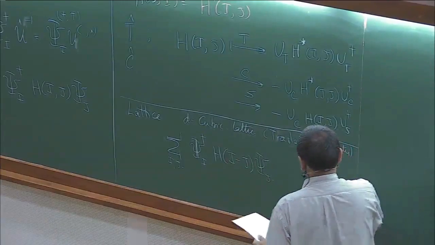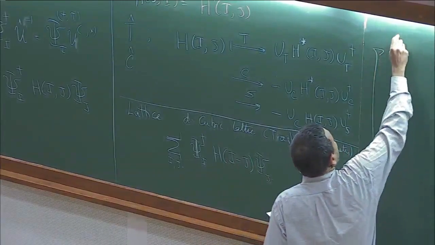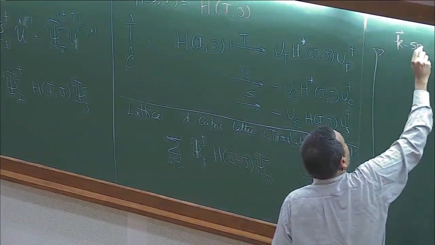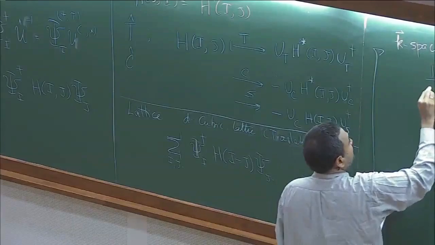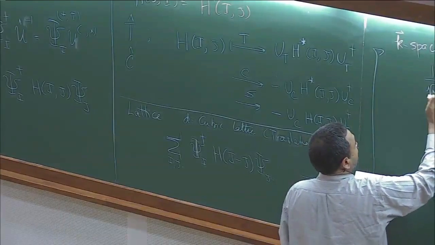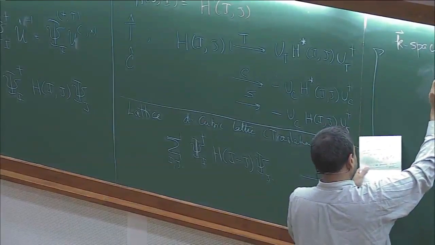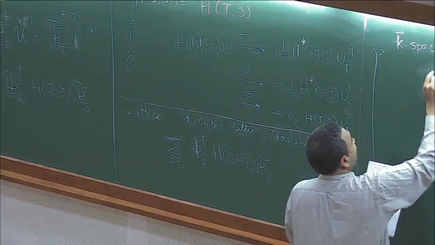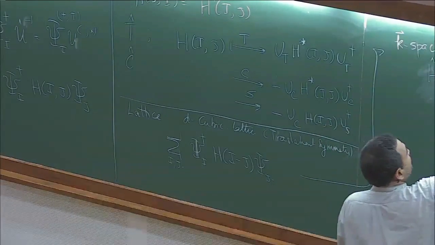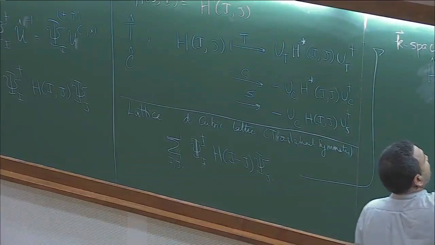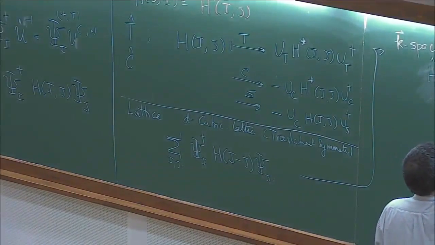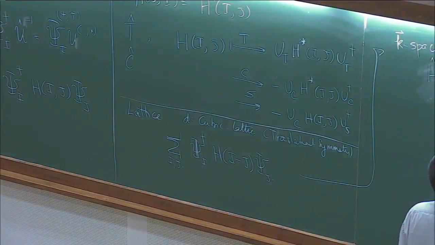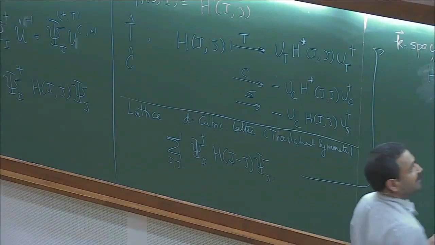When we go to momentum space, we will get H is equal to sum over k, psi dagger k, H k, psi k.